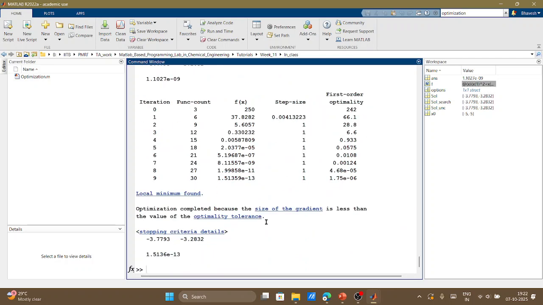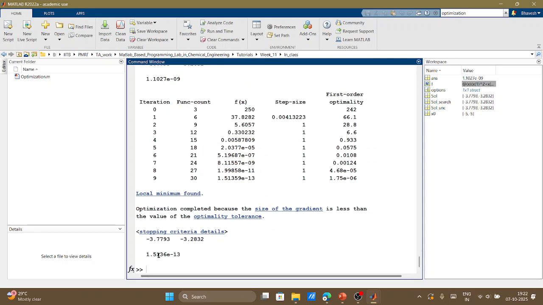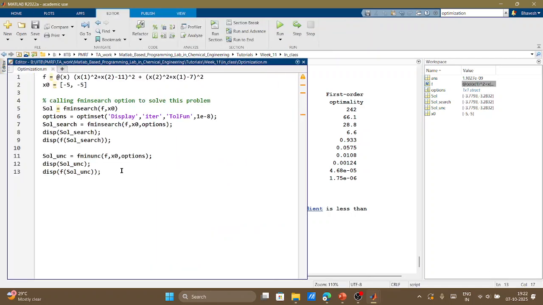So you can see the difference between the two methods by looking at what are the options that you are getting. Here your accuracy is also even more, 10 to the power minus 13, compared to here where your accuracy is 10 to the power minus 9, right? So this is the difference.